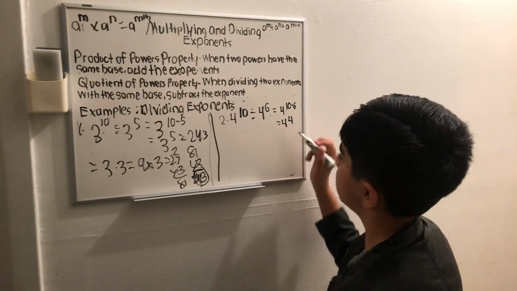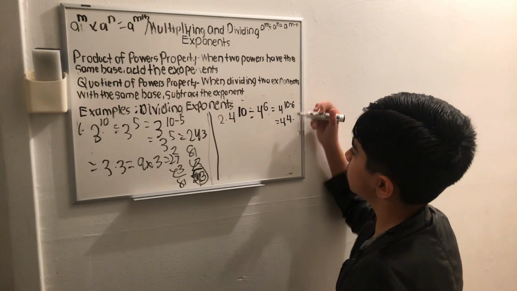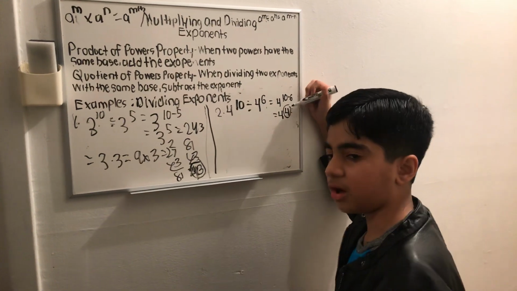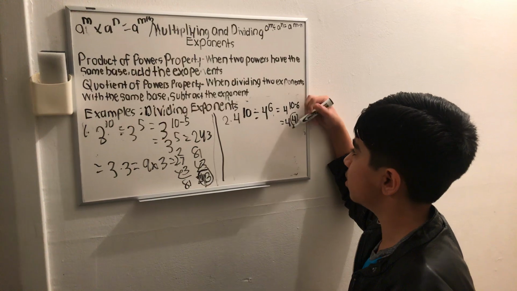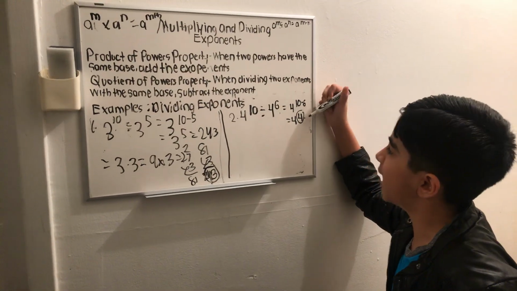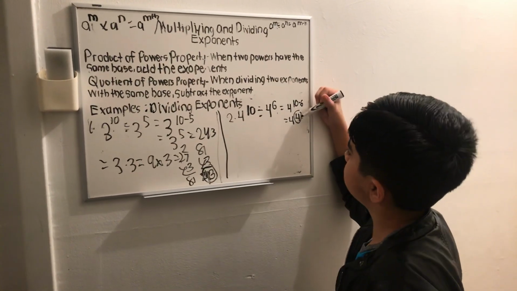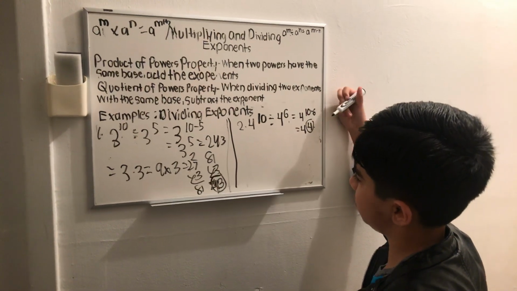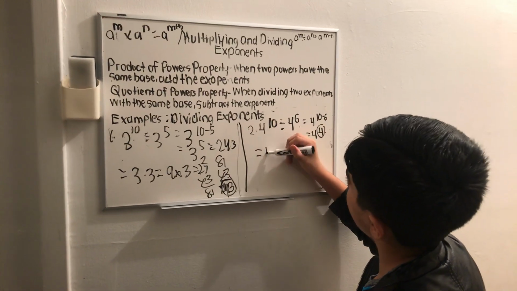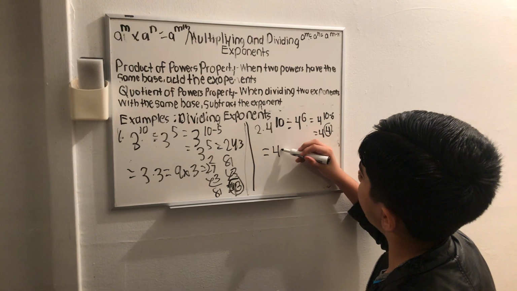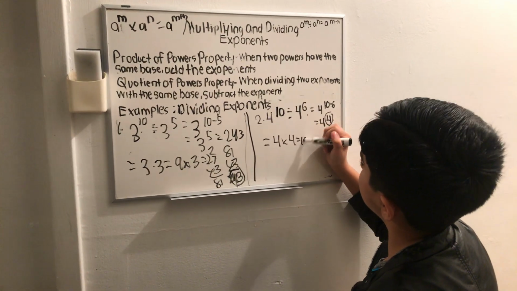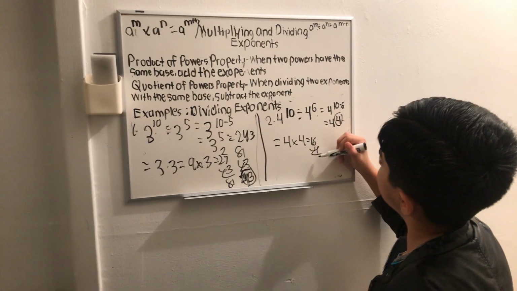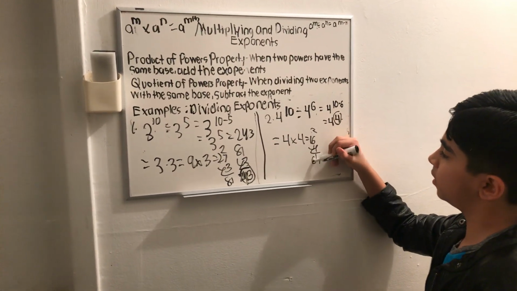The exponent tells you the number of times you have to multiply the base. In this case, the base is 4, and we have to multiply 4 four times since that's the exponent. So 4 times 4 is 16. 16 times 4 is 64.